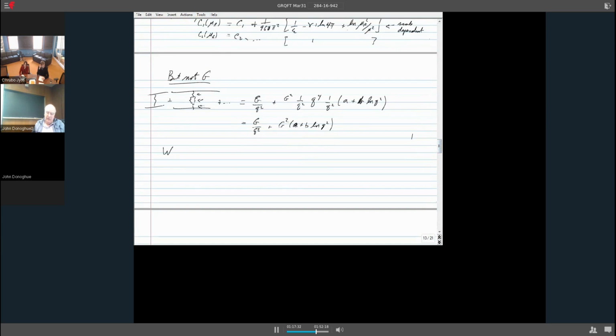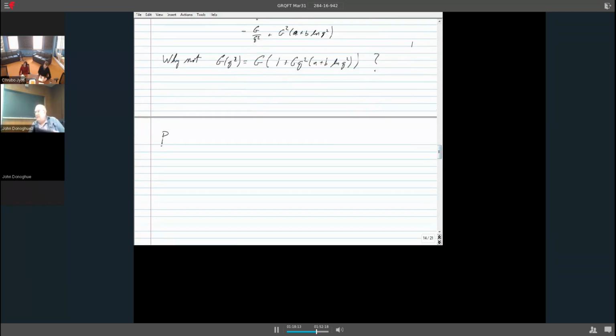Okay. So if I do, let's go back and do something like this. Here's vacuum polarization diagrams plus a bunch of other ones. So what we saw when we did this is that this started off as G over Q squared plus G squared. Well, let's just do this guy right here. There's a 1 over Q squared there. The loop went like Q to the 4th.